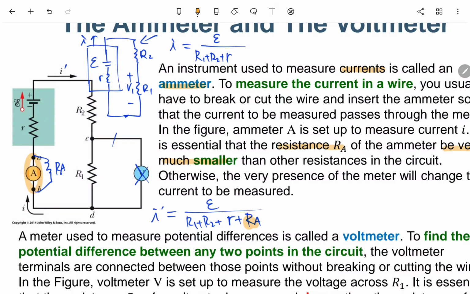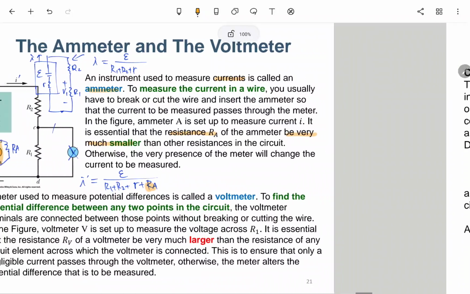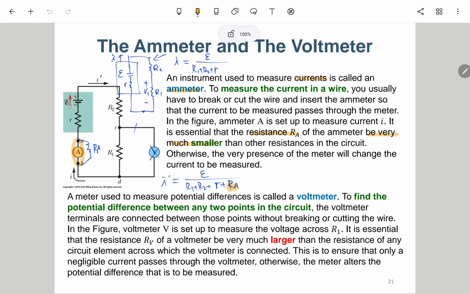RA can never be zero, so we at least hope this RA is much smaller than all the other resistances. In that case, it won't influence too much. The ammeter's internal resistance RA should be much smaller than the other resistances, otherwise it affects the current of the whole circuit. Of course it will always have some effect, so the smaller RA the better.